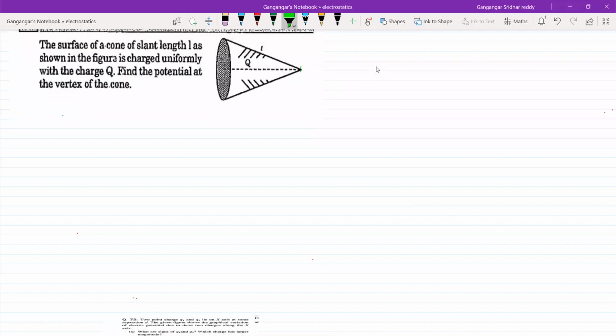So here it is asking for the vertex. Let me indicate by point O. This is the center. Just try this.